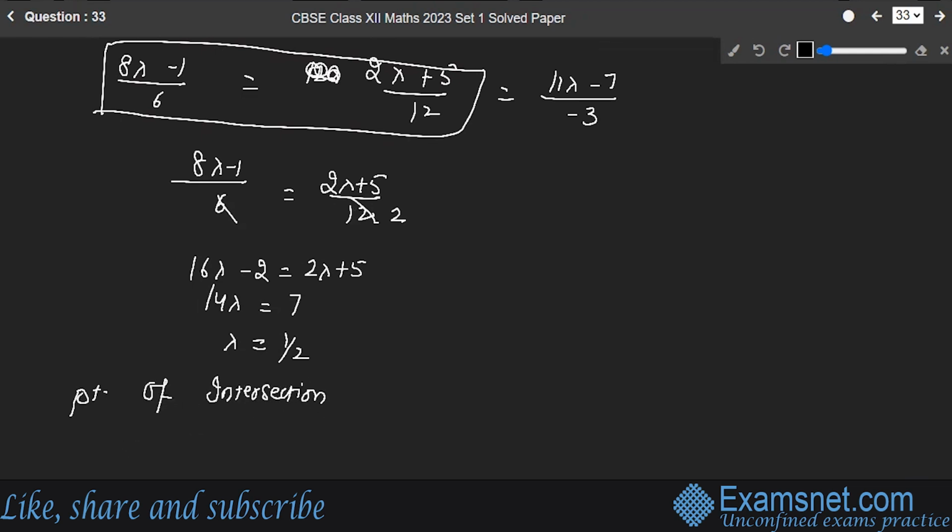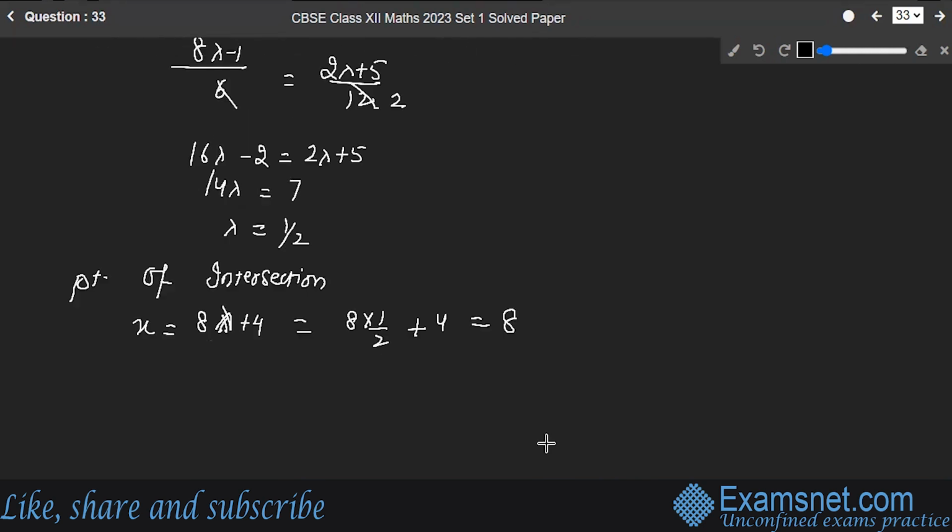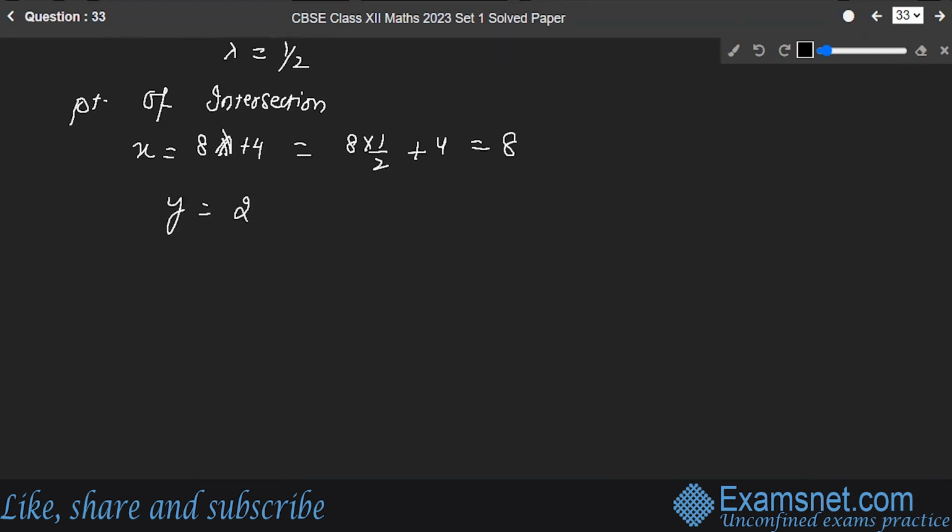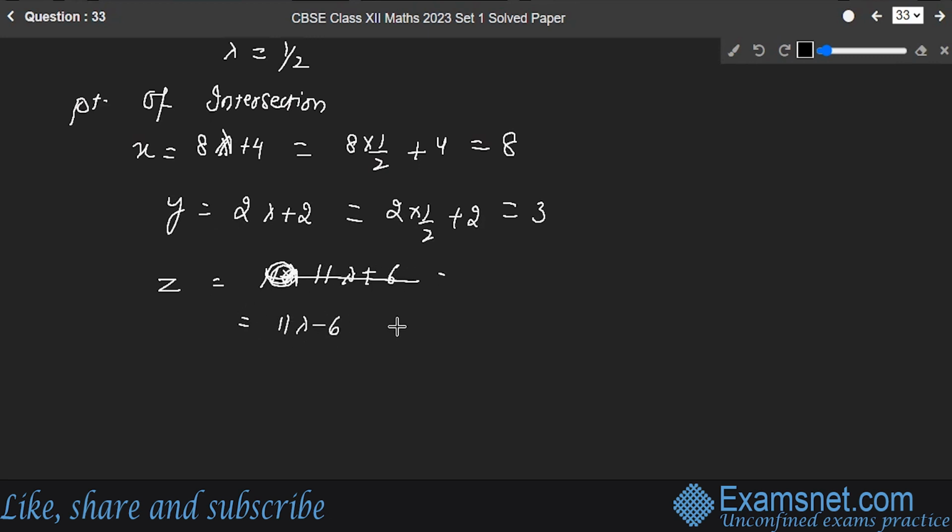So for the point of intersection, your x was equal to 8 lambda + 4, that is 8 into 1 by 2 plus 4, which is equal to 8. And y was equal to 2 lambda + 2, so 2 into 1 by 2 plus 2, which is equal to 3. Z was equal to 11 lambda − 6, so 11 into 1 by 2 minus 6, which will be equal to minus 1 by 2.